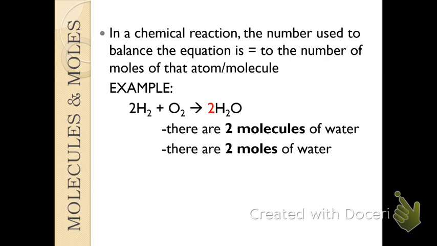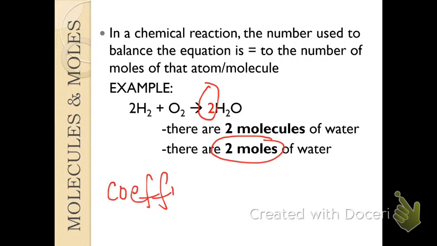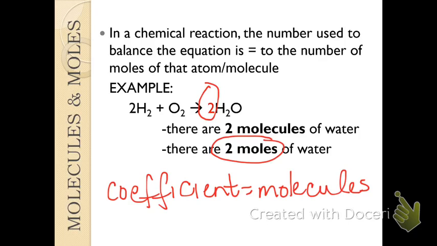So here we are learning that the number used to balance the equation, which in this case was a 2, is also equal to the number of moles. So moles and molecules in the balanced equation, the coefficient of a balanced equation is equal to the number of molecules, but it is now also equal to the number of moles. That is your new information.